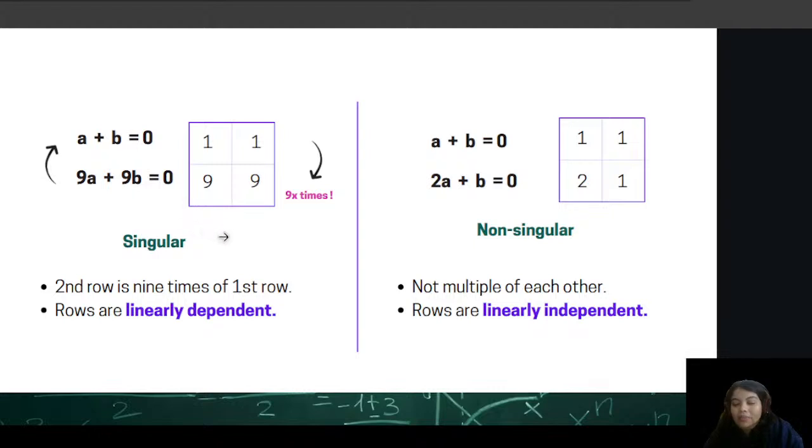The understanding of this is helpful because we can understand how much information is independent. If we were to figure out a very large system, in future we'll learn about rank.